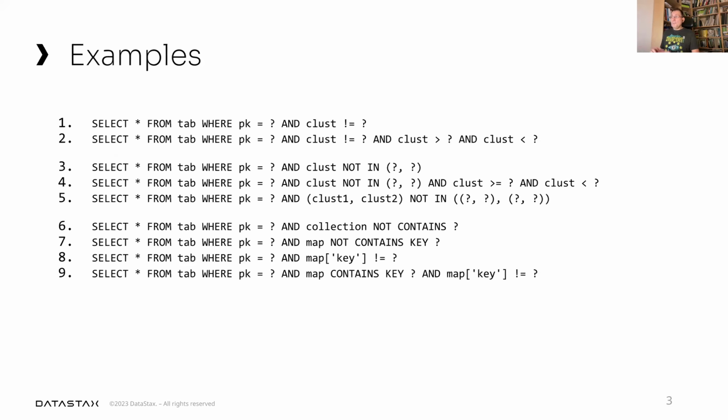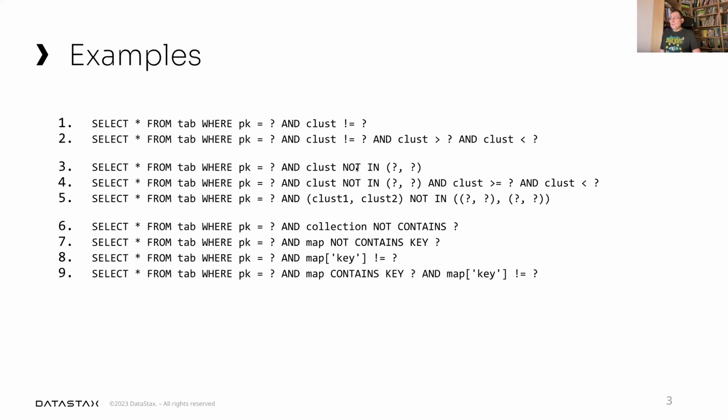Okay, so a few motivating examples of what you are able to do with this feature. You can just use not equals on the clustering column, like in the first example. You can mix not equals with range queries on the clustering column, like there's merging that works on them. I'll show later how it's achieved.